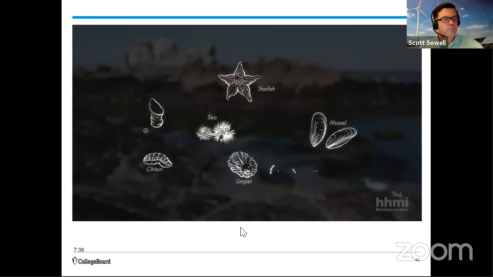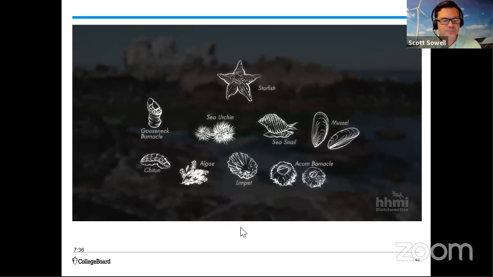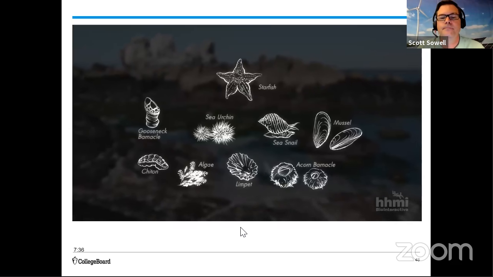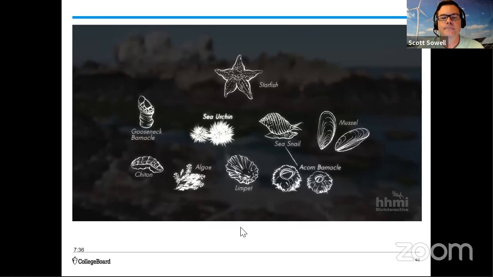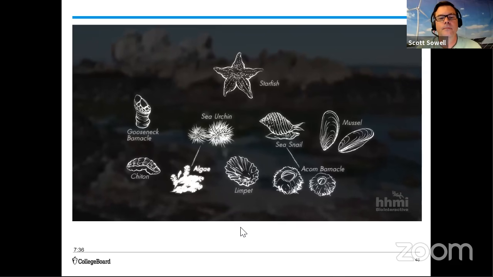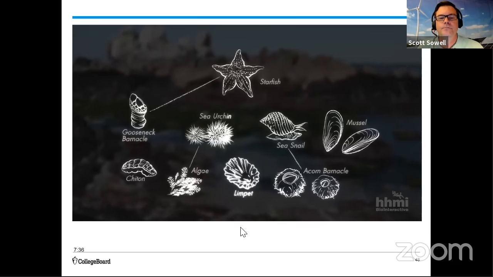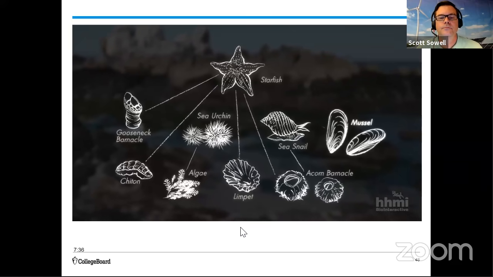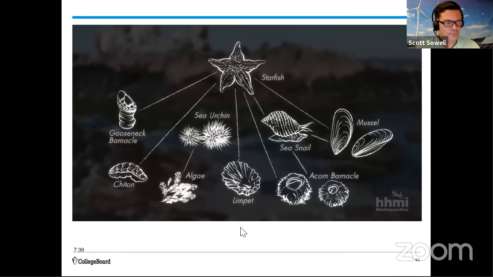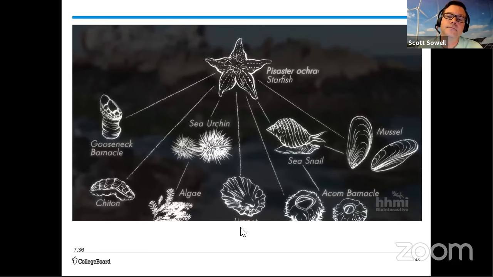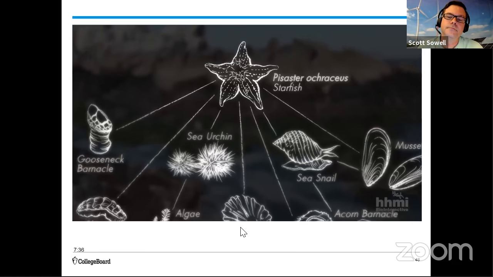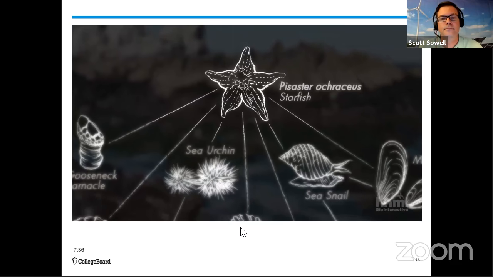He began by identifying all the organisms, and then he started mapping out who eats whom. There were carnivorous gastropods feeding on barnacles. There were sea urchins feeding on algae. There was a lot of pattern. His observations showed that a species of large purple and orange starfish, called Pisaster ochraceus, was at the top of the food chain.